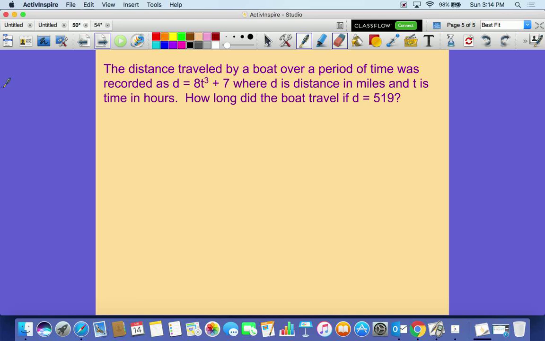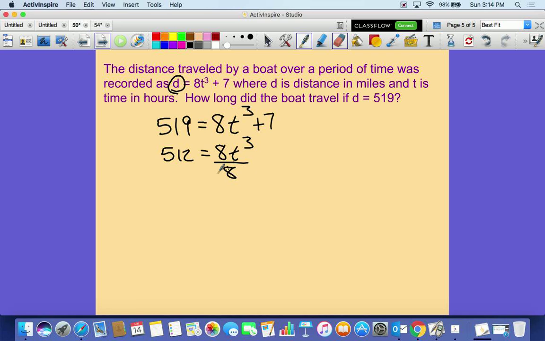And what most of you would do is say, I know that d equals 519, I'm going to plug that in for d. And there's nothing wrong with that at all. So d equals 8t cubed plus 7. You would subtract the 7 over, so you get 512 equals 8t cubed.